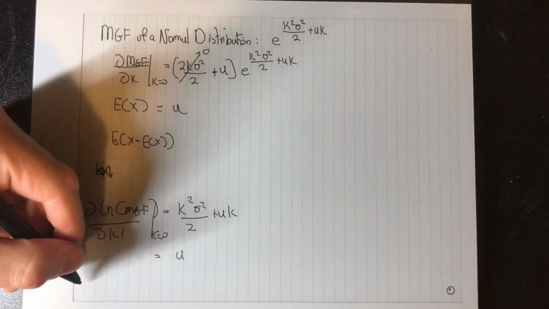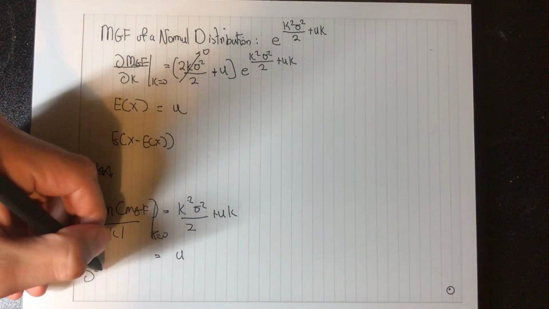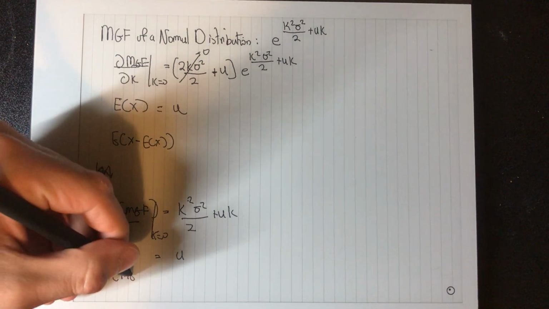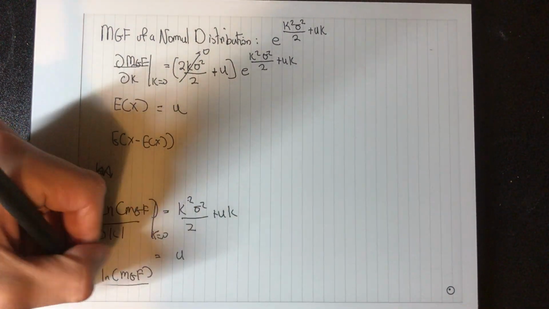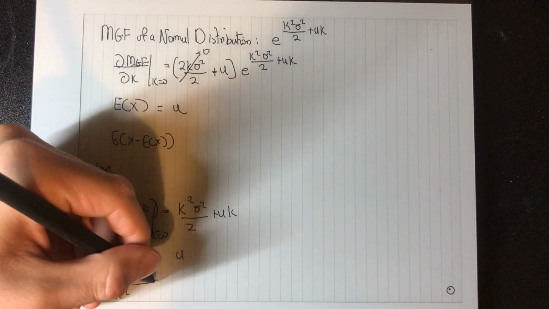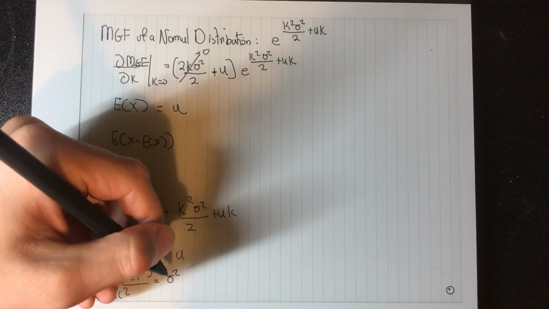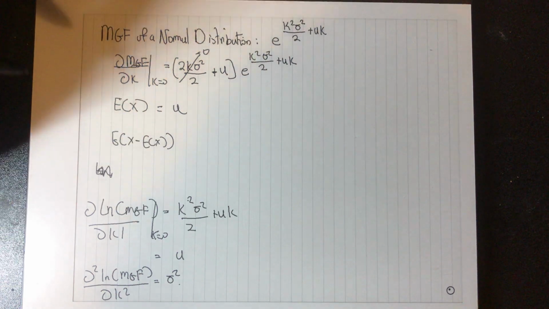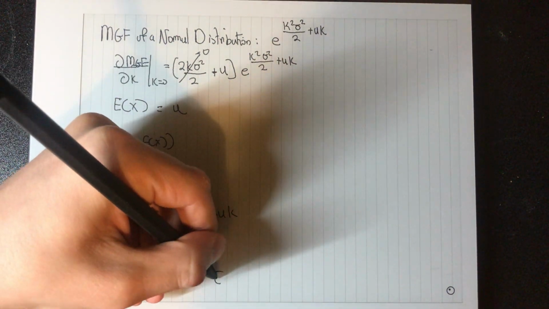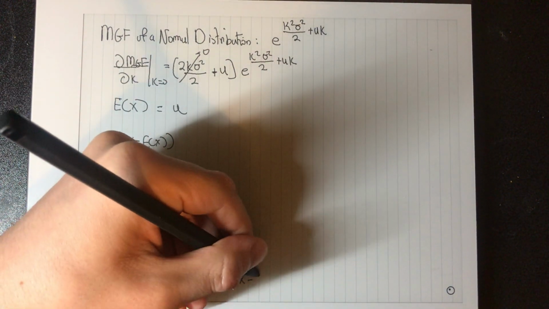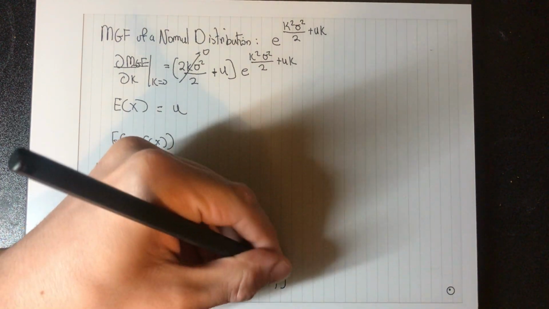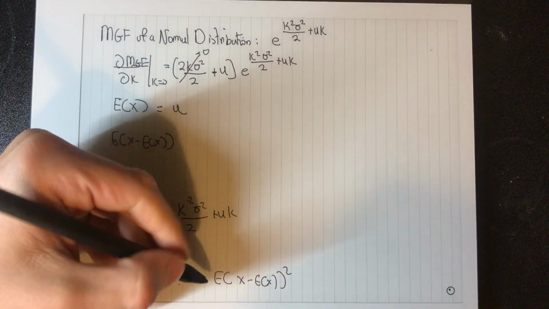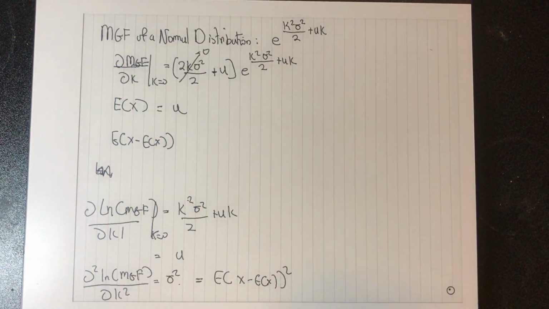And to do so, if we take that, we would have sigma squared, and that's it. And that aligns to the fact that we have this to be our second order central moment.